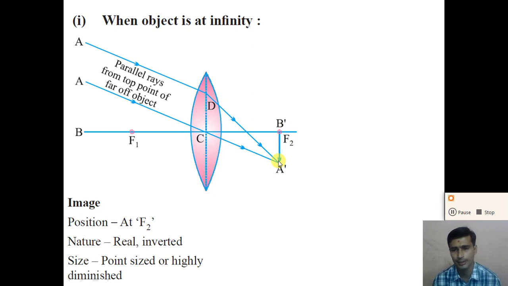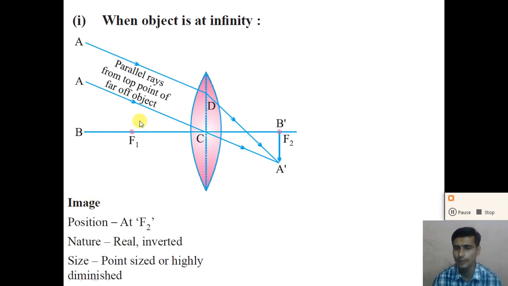We know, dear student, that when rays of light are parallel to each other, after refraction they meet at the principal focus. So at the principal focus the image of the object will be formed.